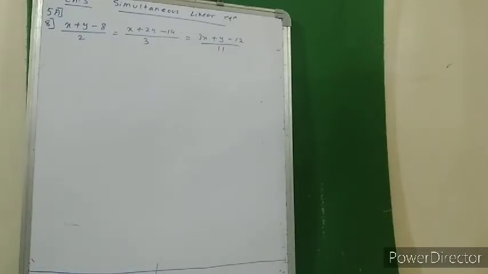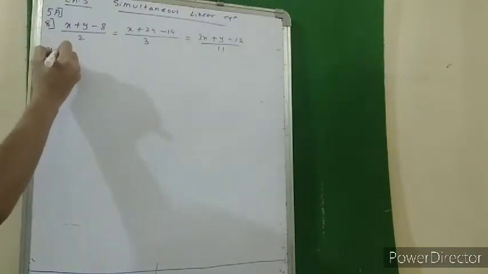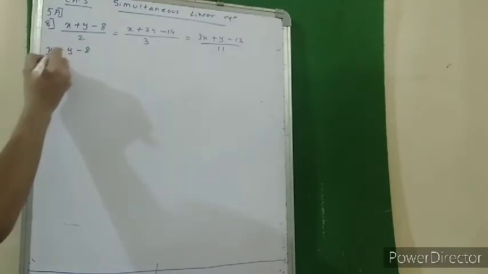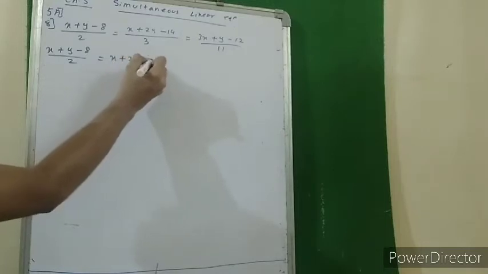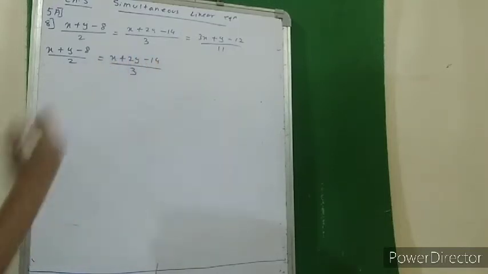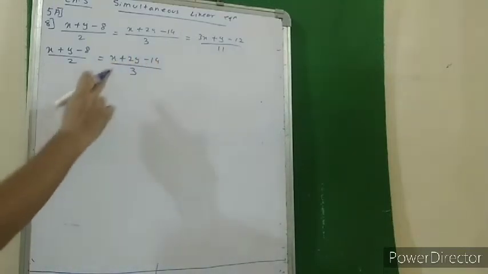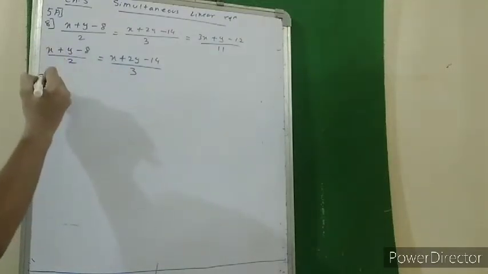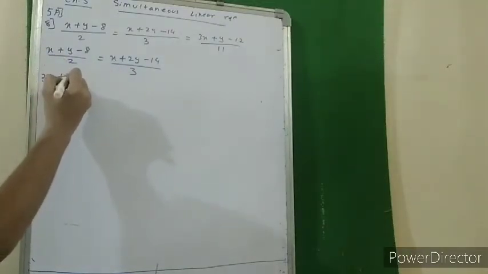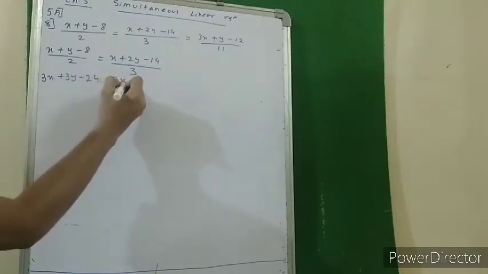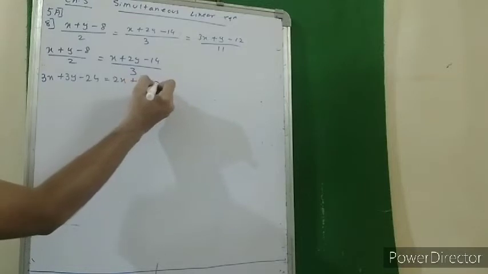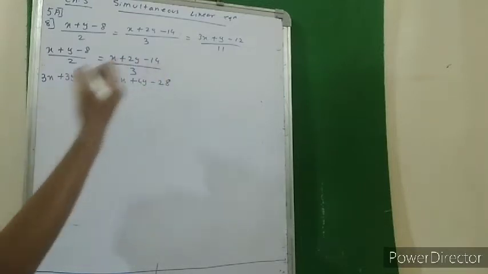Let's start. Okay, so we have (x plus y minus 8) upon 2 is equal to (x plus 2y minus 14) upon 3. I am taking the first one and the second one. 3 will go there and multiply. So we have 3x plus 3y minus 24 is equal to 2x plus 4y minus 28.